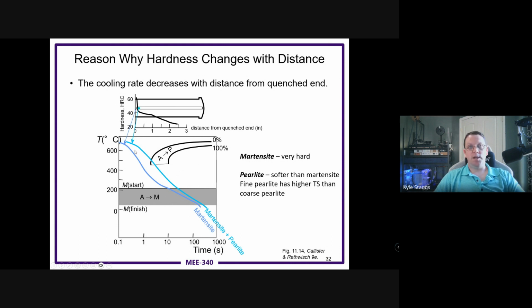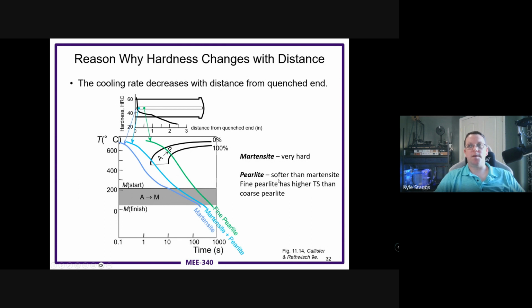And so for each measurement point, as you go farther, you're going slower and slower in terms of the cooling. You're taking longer and longer to start cooling from that edge all the way up to the top. And so more and more pearlite is going to be forming. Less and less time is spent forming martensite, because the slope is a lot less steep.